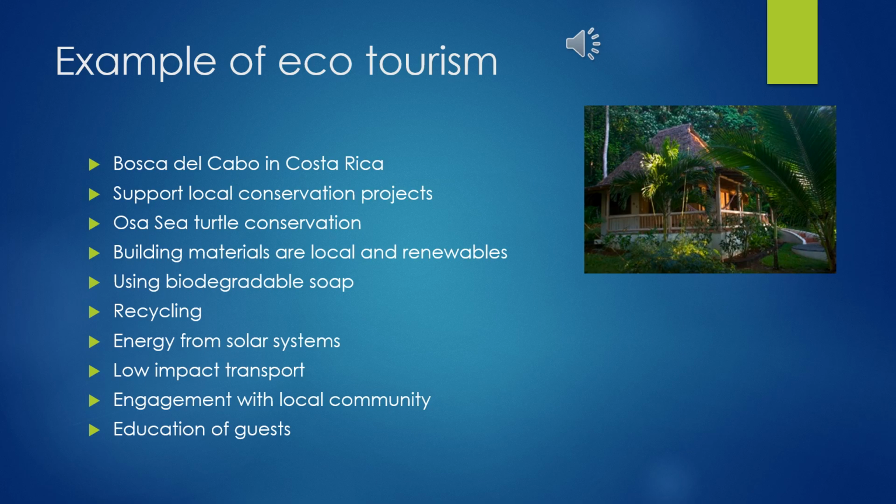They use biodegradable soap. They do recycling. They get their energy from solar systems. They have low impact transport, and they have engagement with the local community, and they do education of the guests. So in this way, this ticks off a lot of the boxes that we think should be there to call something sustainable ecotourism.